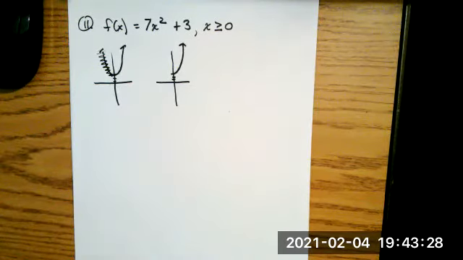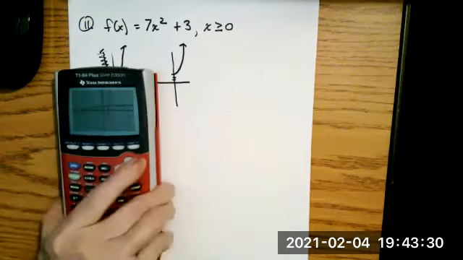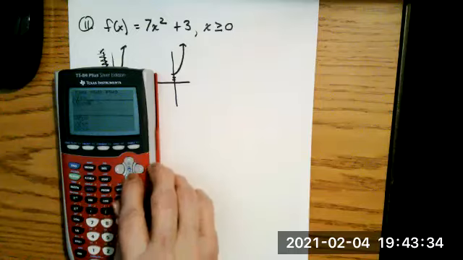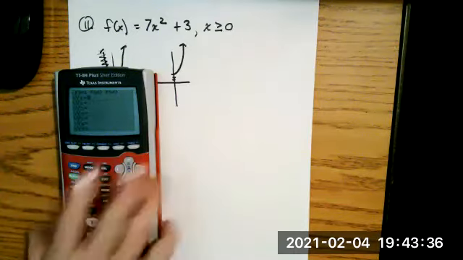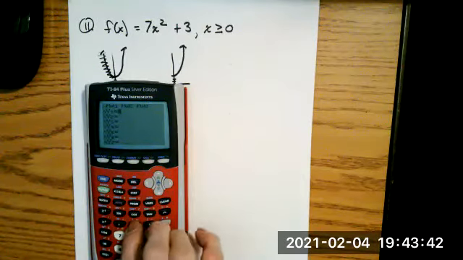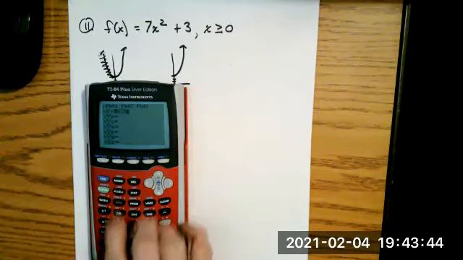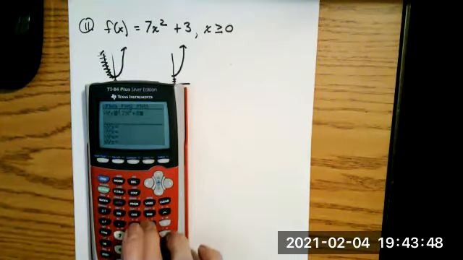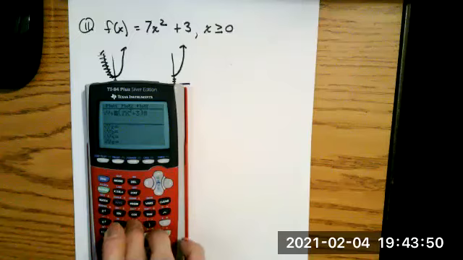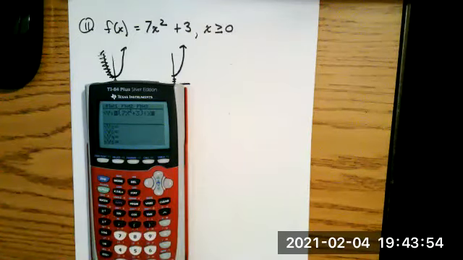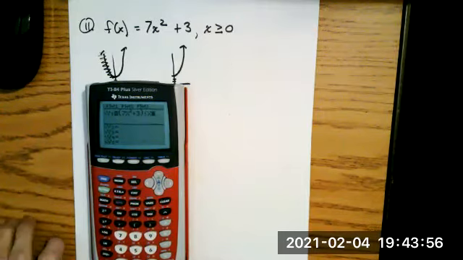And remember, if you want to see the picture of it, you could put it in your calculator, but you'll have to remember to use parentheses around them. So I'd have to do parentheses 7x squared plus 3, close parentheses, open parentheses, x, and remember what I told you about that greater than or equal to thing?